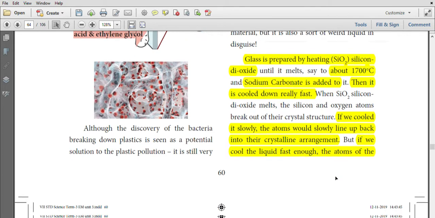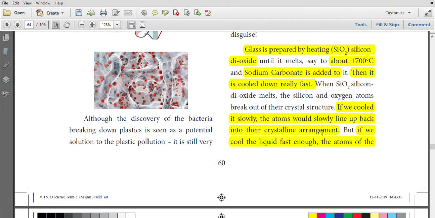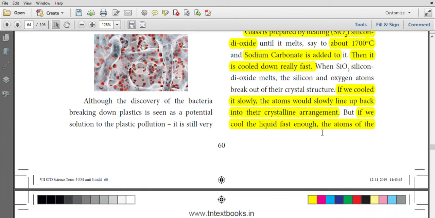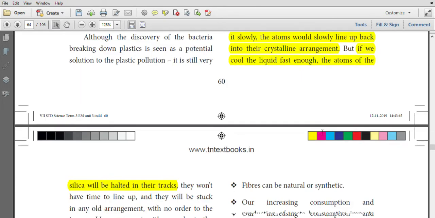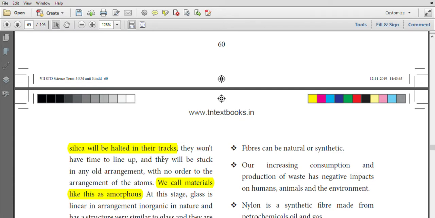If it cooled slowly, the molecules would be arranged in a crystalline arrangement. But when cooled quickly, the atoms of the silica are halted in their tracks, which forms the glass. This type of material is called an amorphous material.